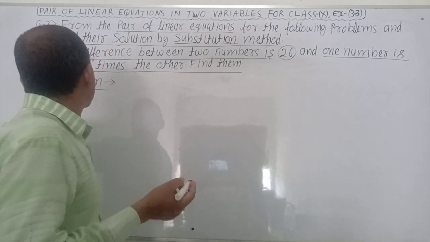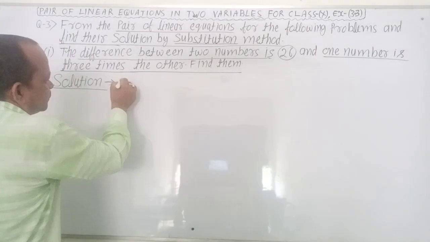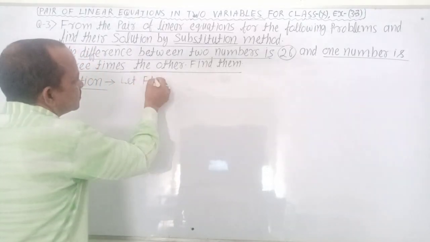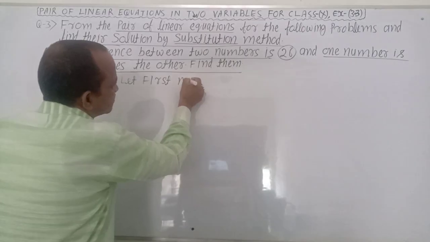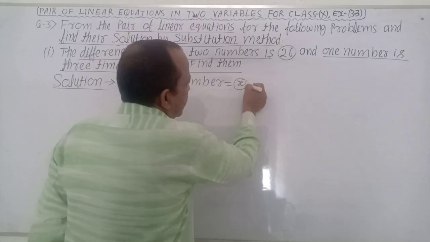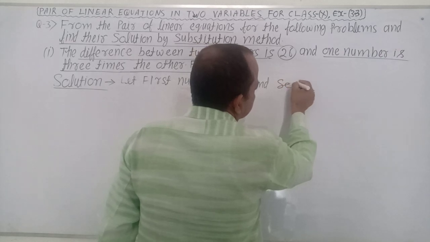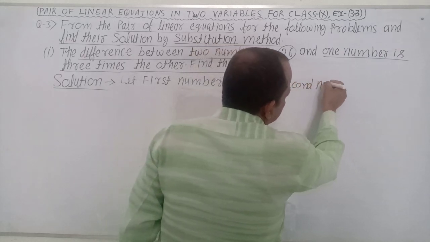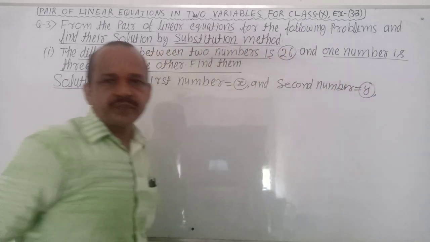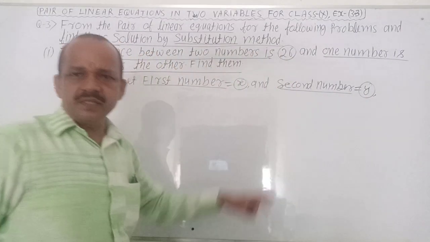According to the question, let the first number equal x and the second number equal y. First number is x and second number is y.